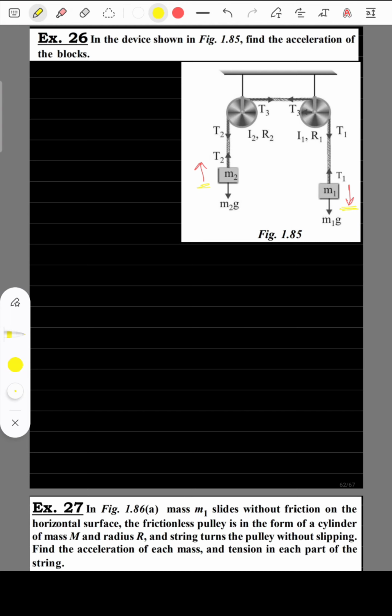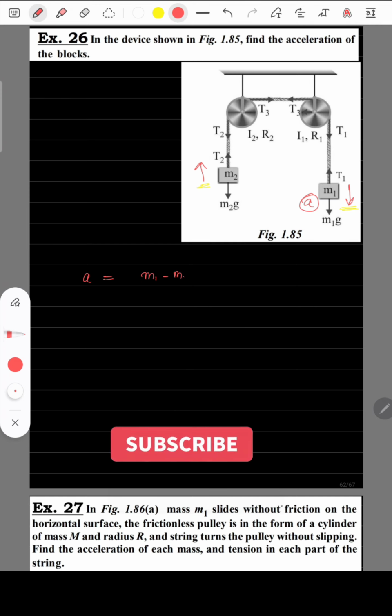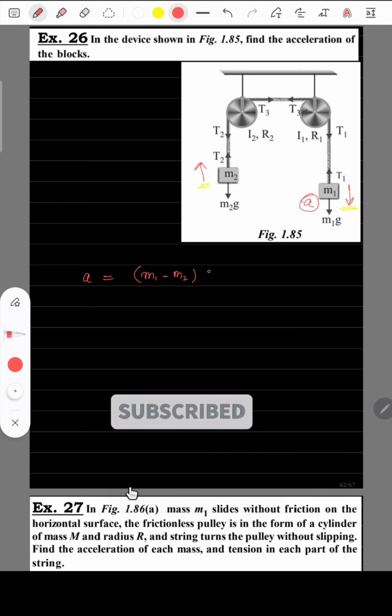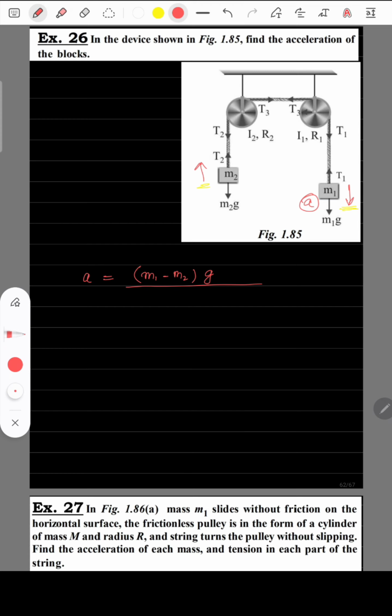Hence we can directly write the acceleration formula for the given system. The acceleration will be the net unbalanced force, that we can write as m1 minus m2 into g, upon translational mass of the blocks, that is m1 plus m2.